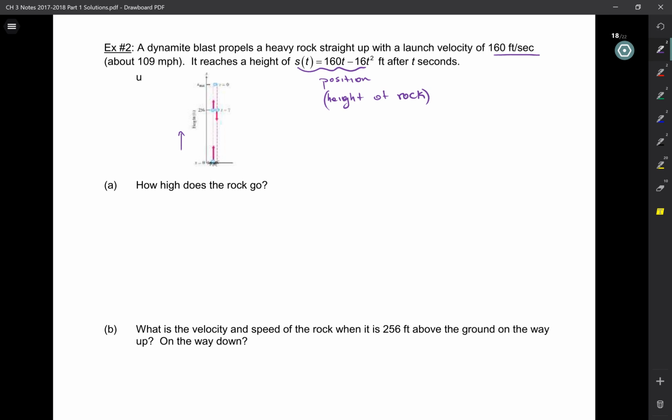It's got positive velocity because it's going in the positive direction. And then it's got negative velocity because it's going in the negative direction. I'm not talking about speed, I'm talking about velocity. When it's coming down in the negative direction, the velocity is negative.